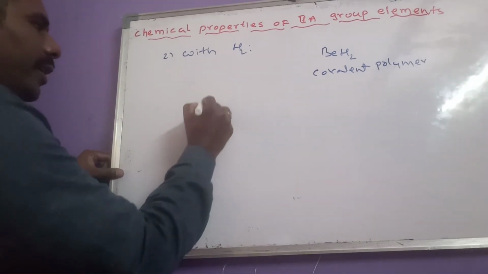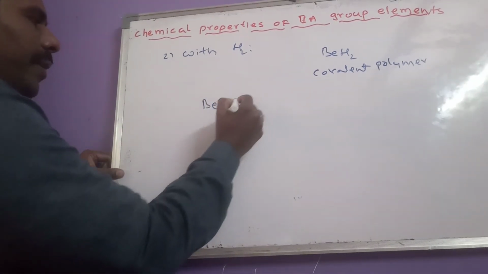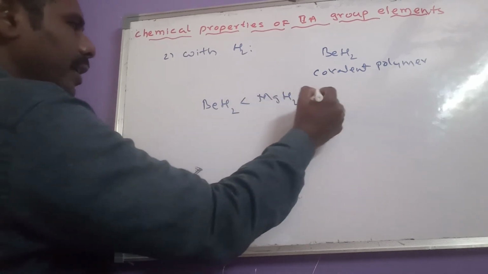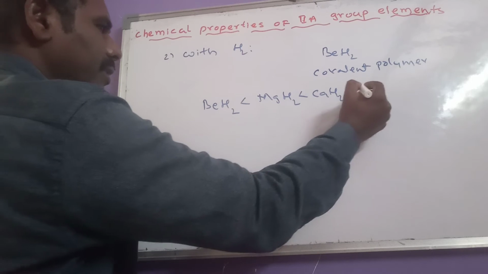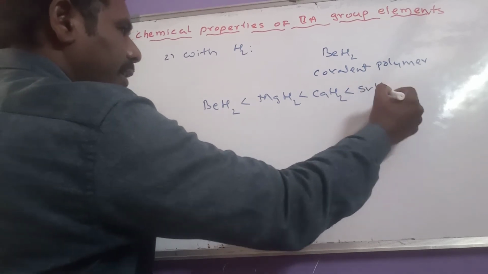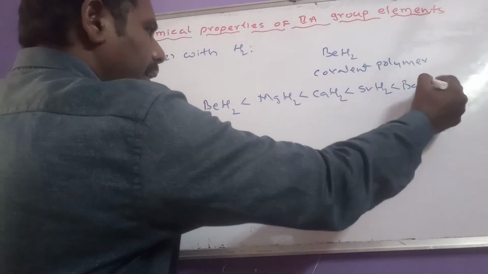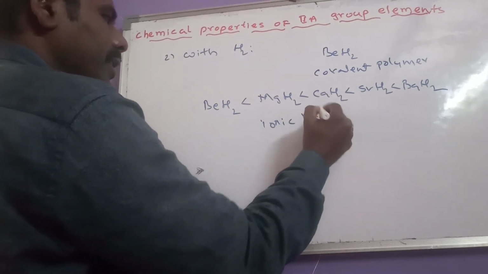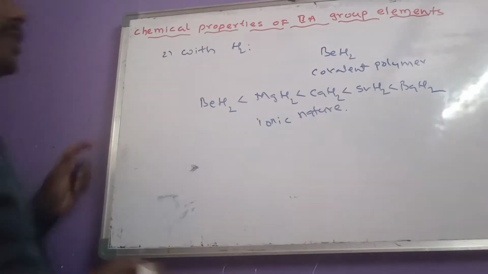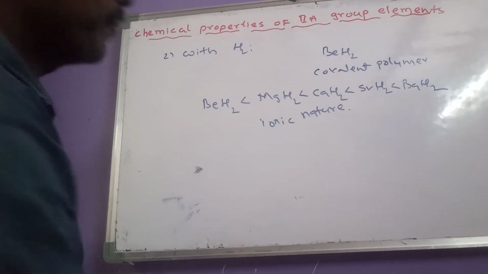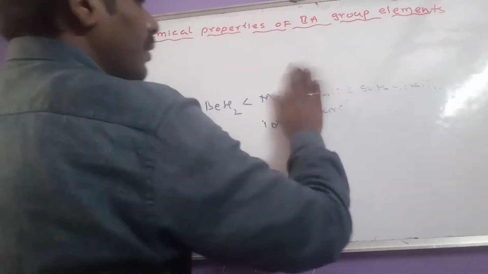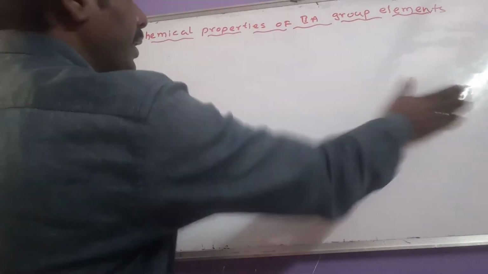That order is: beryllium hydride less than magnesium hydride less than calcium hydride less than strontium hydride less than barium hydride. This is the order of ionic nature. So this is regarding reactivity with hydrogen and hydrides of alkaline earth metals.